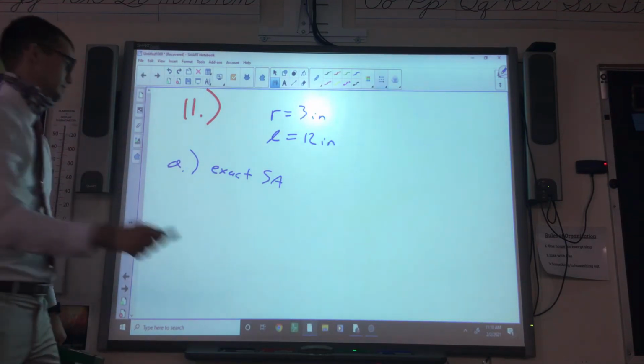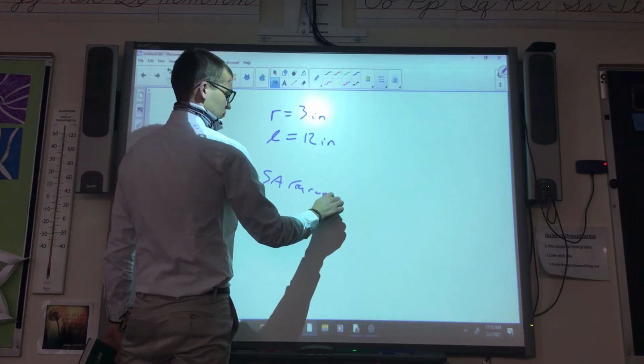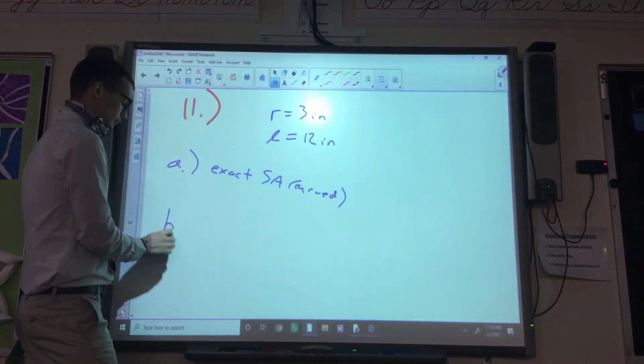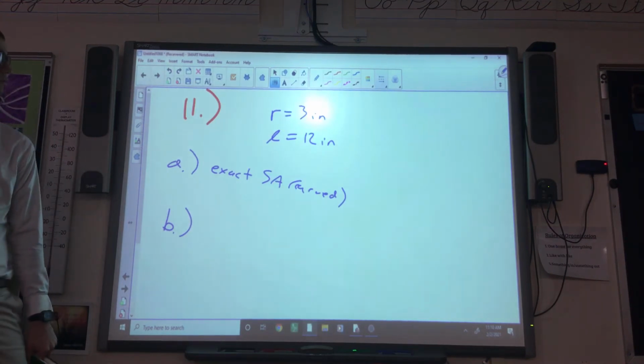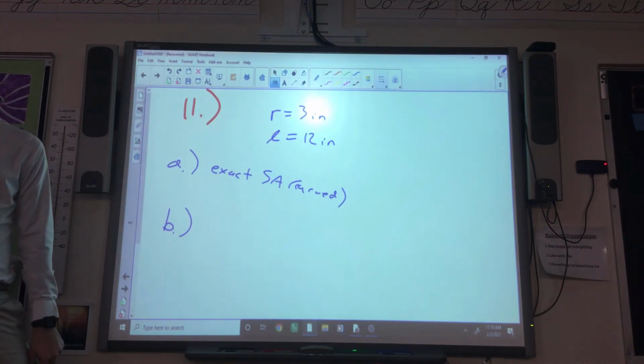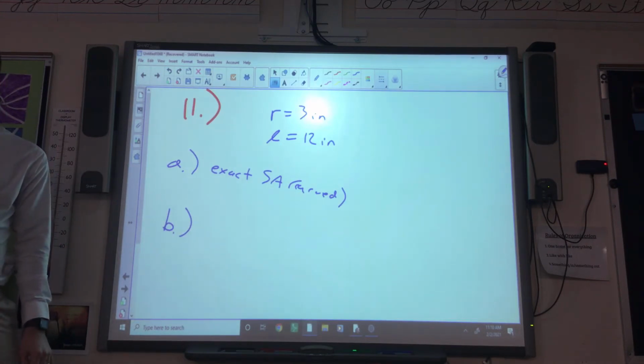Oh, curved surface, sorry. And then B, we're trying to find what? I just have a question before we get the answer. Was the answer supposed to be like 36 pi inches squared, or that?